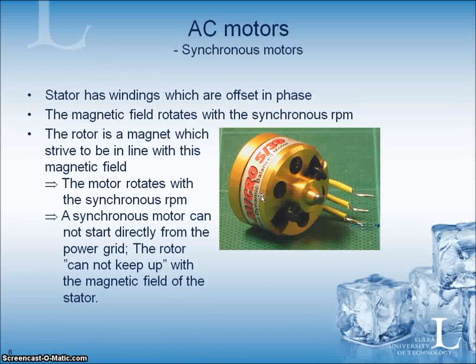Here the stator has windings which are offset in phase. As I said in the first part, you see that you have 3 connecting wires, which means that this is a 3-phase motor.